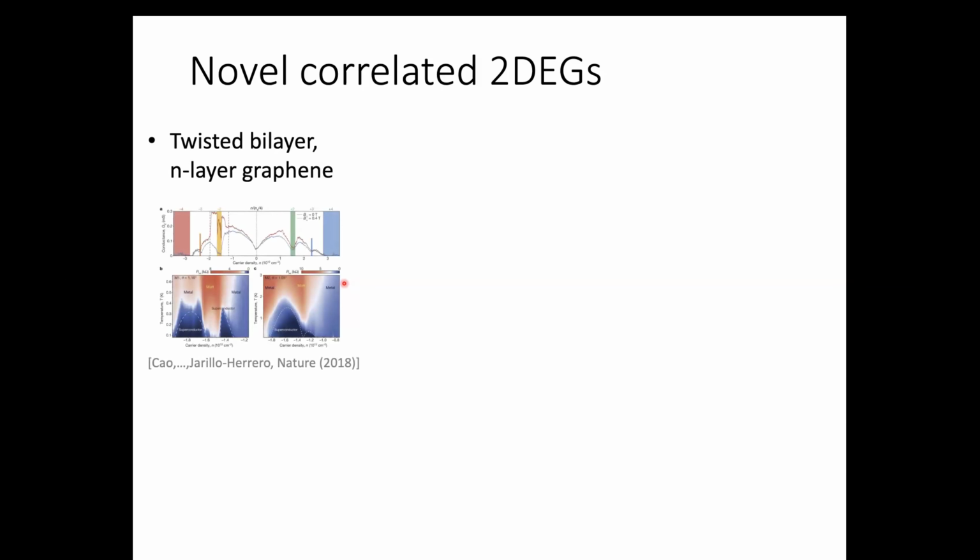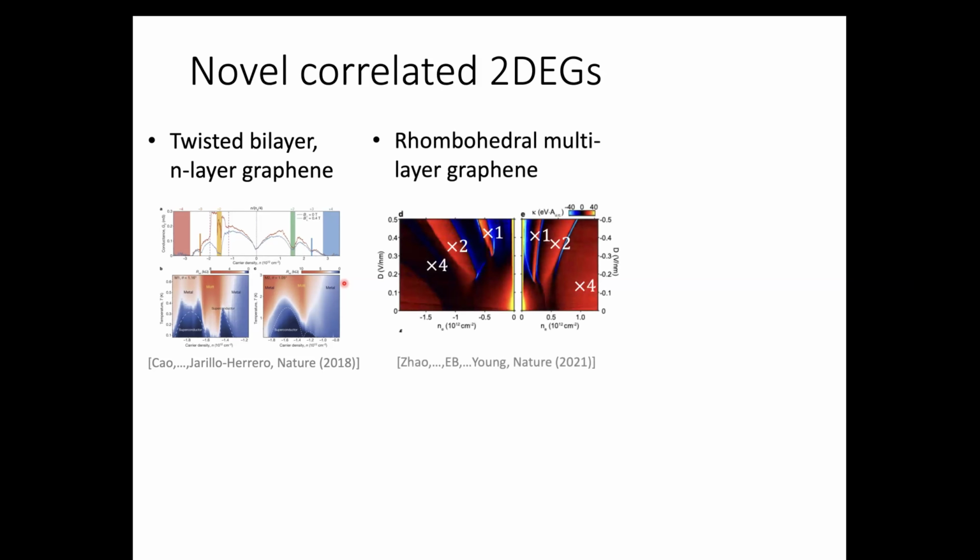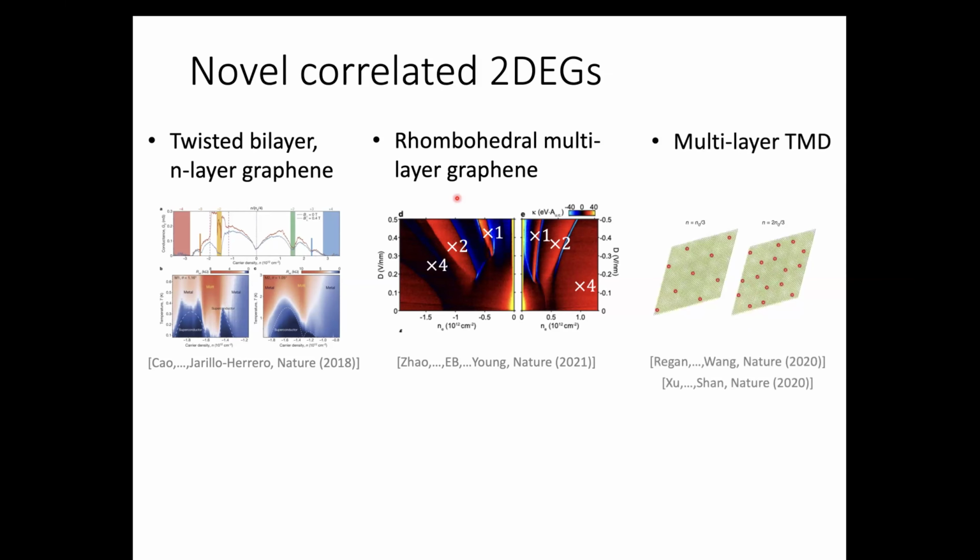So you saw twisted bilayer graphene earlier in the school, and I'm going to talk about rhombohedral multilayer graphene. Same graphene, so the basic building block is graphene, but you can really think about that as a different material. And there are also the multi-layer TMD systems that are also 2D electron gases that show a huge variety of correlated electron phenomena.